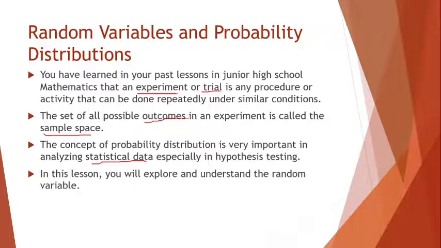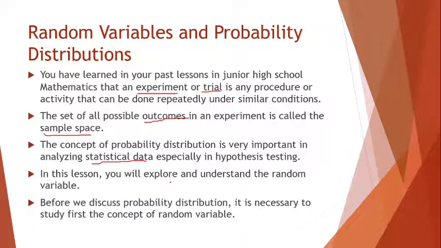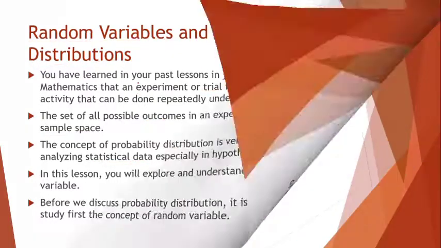In this lesson, you will explore and understand the random variable. Before we discuss probability distribution, it is necessary to study first the concept of random variable. So, this lesson is subdivided into two: random variables and probability distribution.